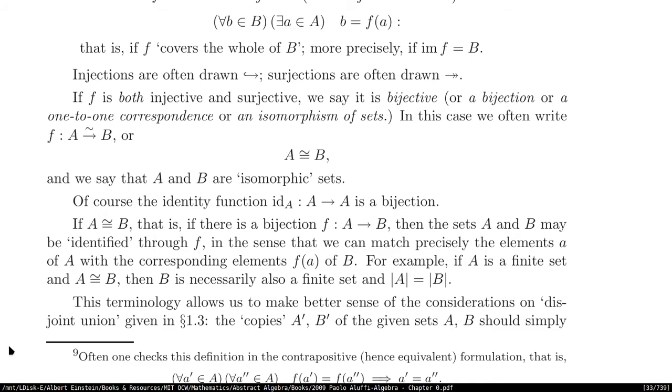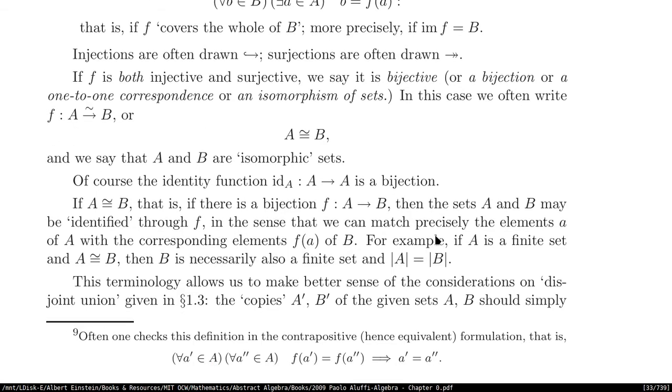So these sets are now identified, or identical, under this specific function, in the sense that we can match precisely the elements a of A with the corresponding elements F of a of B.